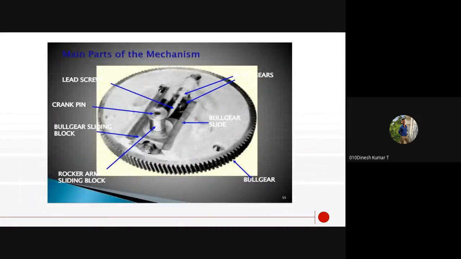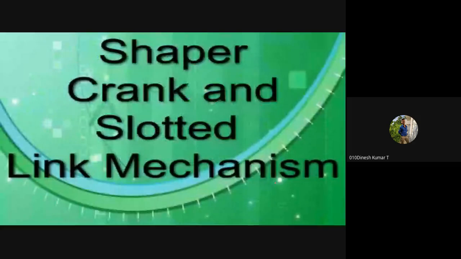This is a total description of the main parts of the mechanism. You can see the lead screw, crank pin, bull gear, sliding blocks, and rocker arm. This is a video in which you can see the crank and slotted link mechanism.